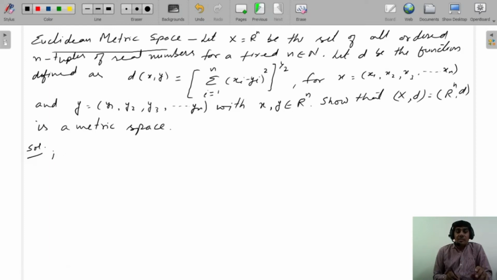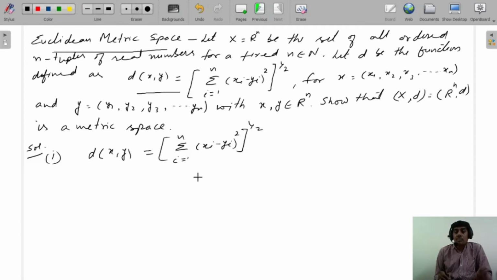So first, according to the definition of d, we have d(x,y) = (summation i varies from 1 to n of (xi − yi)²)^(1/2) for every x, y belonging to Rⁿ. That means x = (x1, x2, x3, ..., xn), y = (y1, y2, y3, ..., yn).